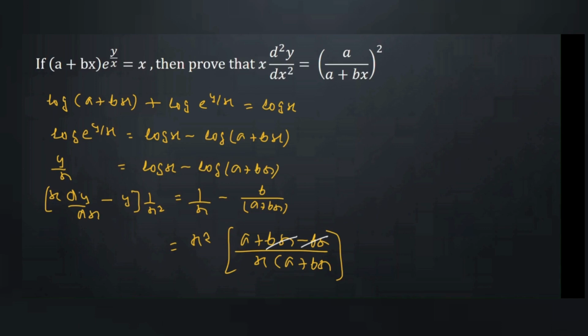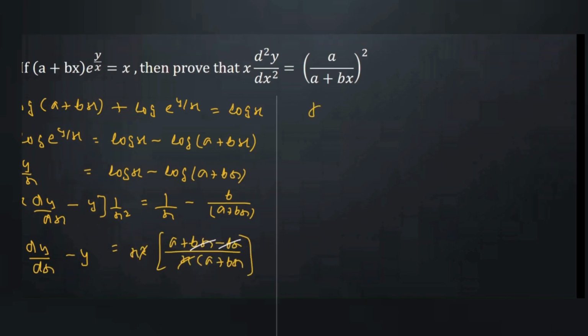Now for further simplification, we are going to find the second order derivative. So we write this as it is: x times dy over dx minus y equals ax divided by a plus bx.